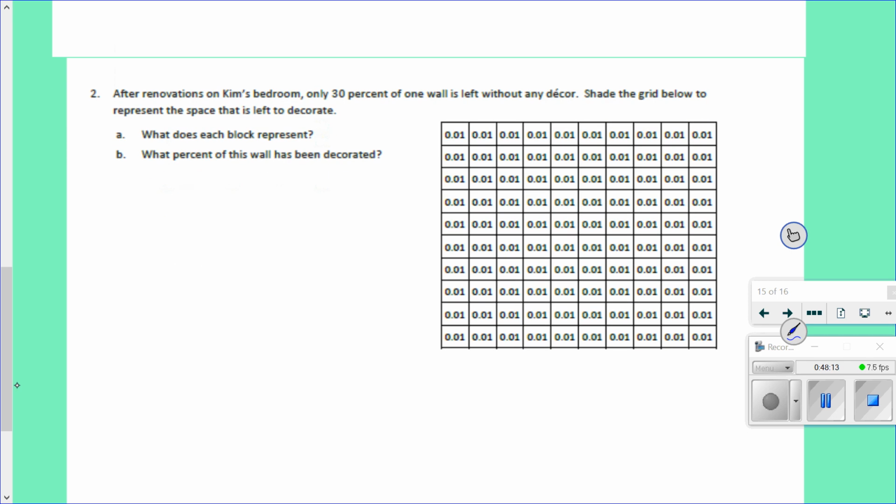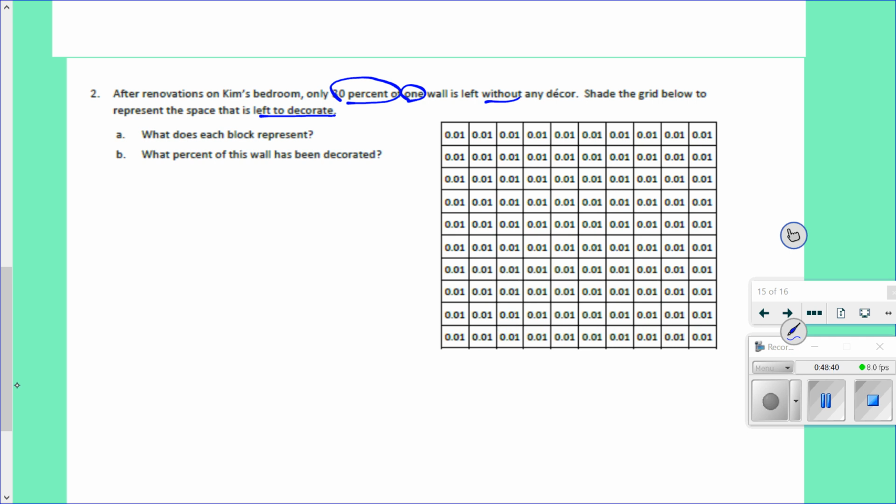Turn the page. So each page only has really one problem. This one is actually very similar to what we just did. Only 30% of one wall is left without any decor. So shade it in to represent the space that is left to decorate. Take your time, read it.